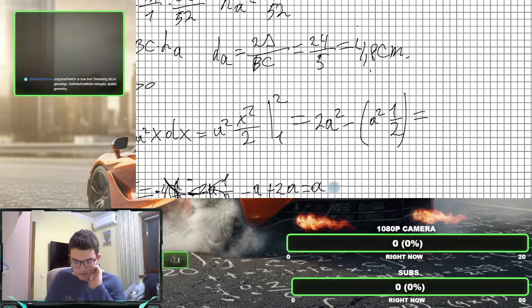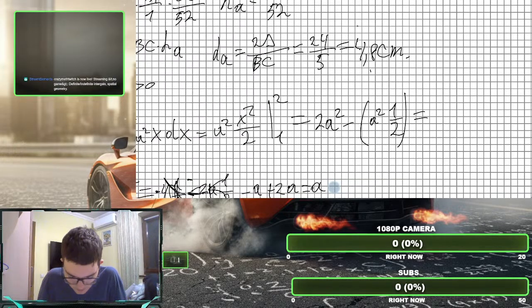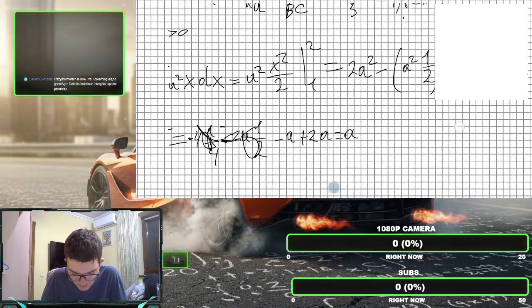But a will cancel here, right? It will, or will it? Hold up. It's essentially a to the second power. So you give this, you give that.